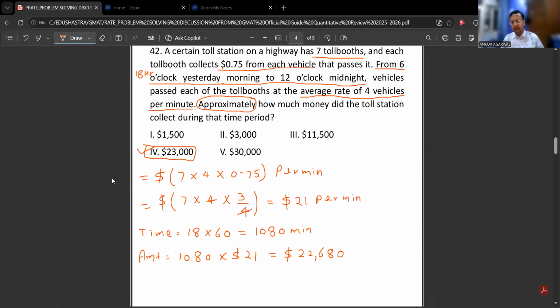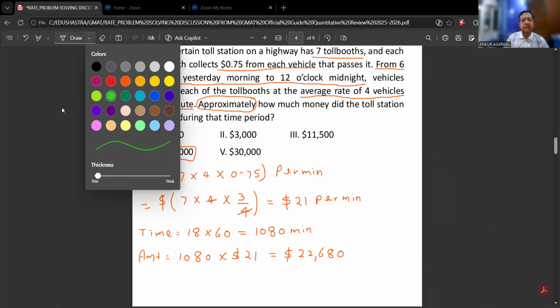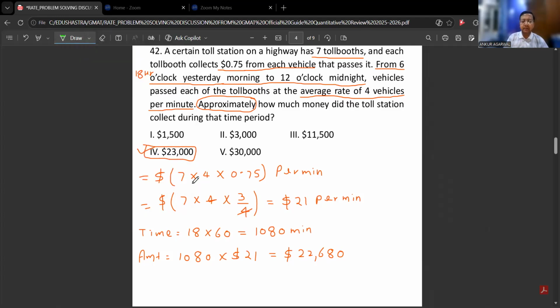Now, you must be in a puzzle: how to multiply this much of a big number? So what should I do? Just see this. This is a very simple calculation. The first line is done.